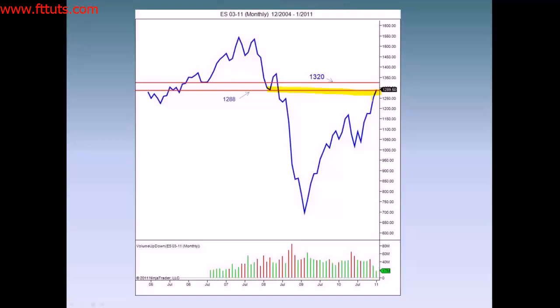It'll be very interesting to see whether it is going to pierce through this level. And you've identified already that 1288 is a significant level because it appears on the monthly chart as a resistance line. And the next level up where we need to be attentive is 1320, based on this point here.